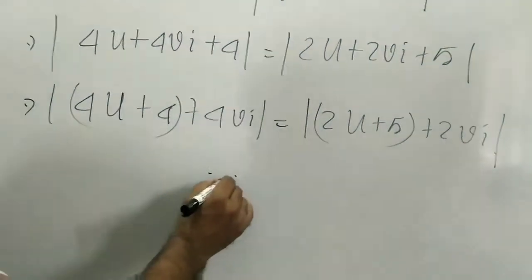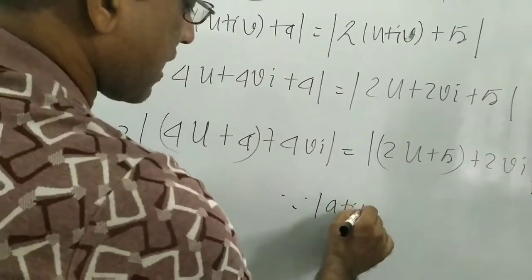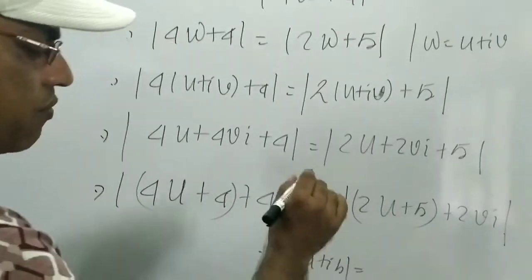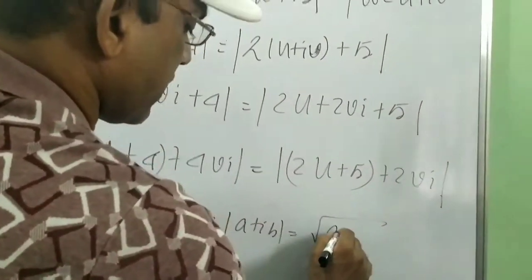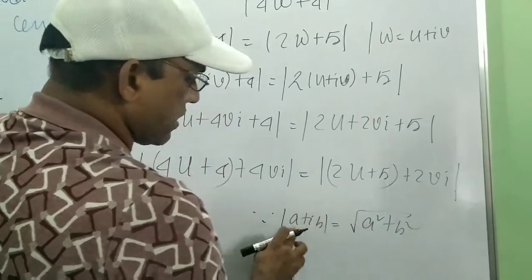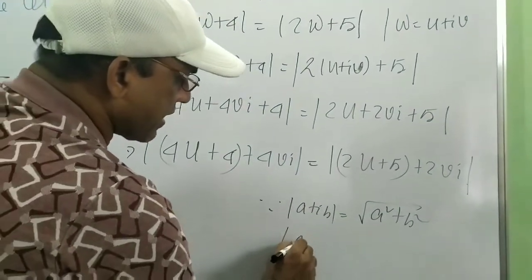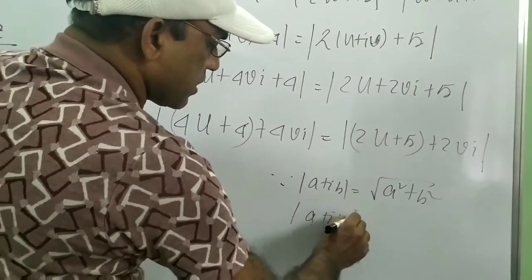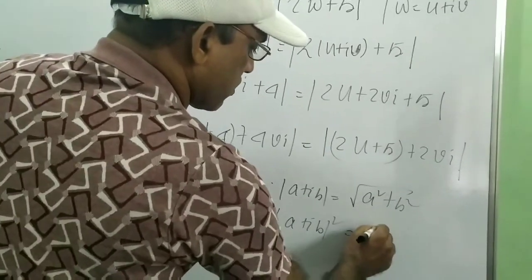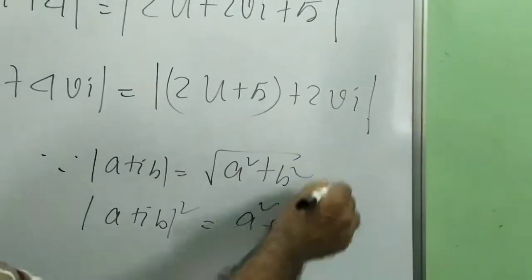Again, you know in a complex number, the modulus of a plus ib is the root of a square plus b square. If we take squares on both sides, the roots will be cancelled.